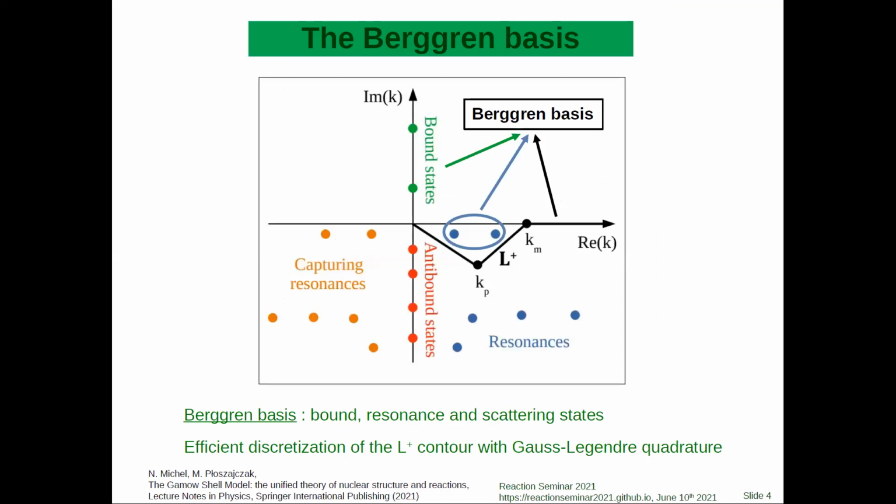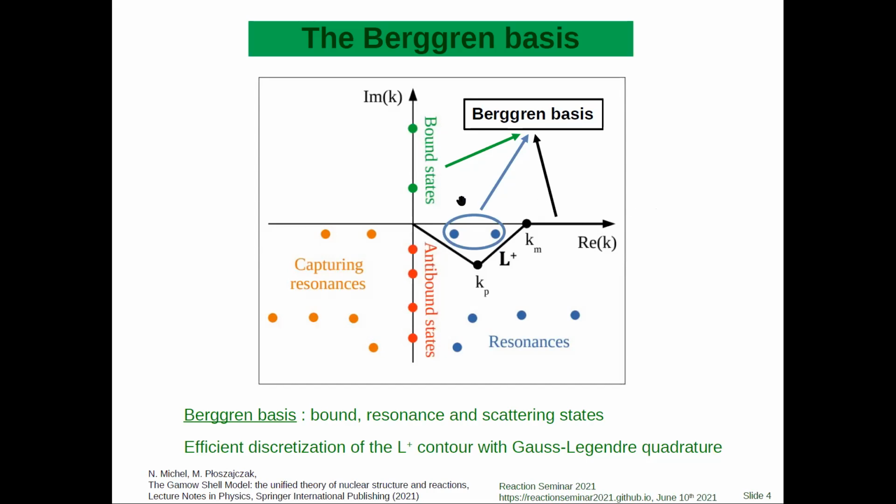This is the Berggren basis. One can see here that one is in the complex k-plane, and one can see the complex momentum associated to each one-body state, which can be resonance, anti-bound, capturing resonance, bound, and scattering. The Berggren basis is an extension of the so-called Newton completeness relation. The Newton completeness relation is built with bound states and scattering states of real energy.